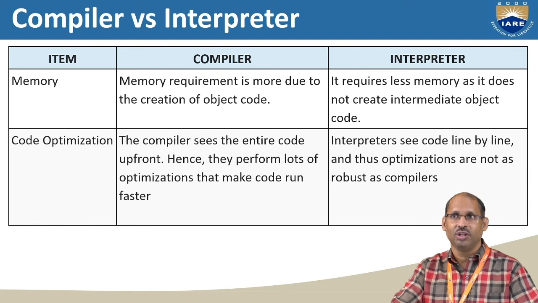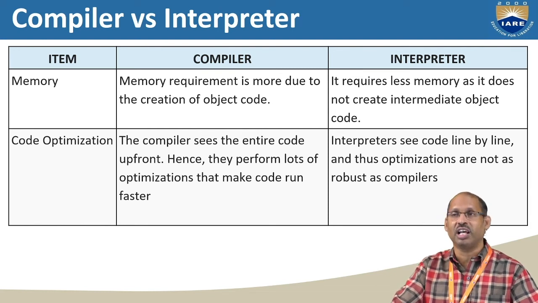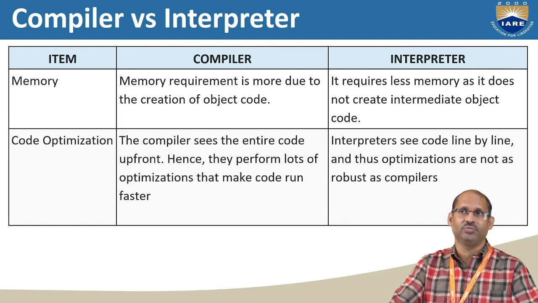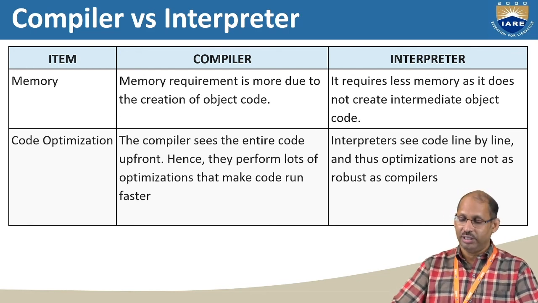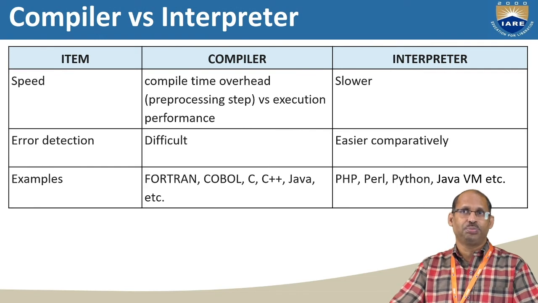So it doesn't know what are the previous statements, what are the next statements. Simply it will do the current statement's task only, right? So interpreters see code line by line, and thus optimizations are not as robust as compilers. So we cannot apply optimizations efficiently on the interpreters. So that is another difference between the compiler and interpreter.